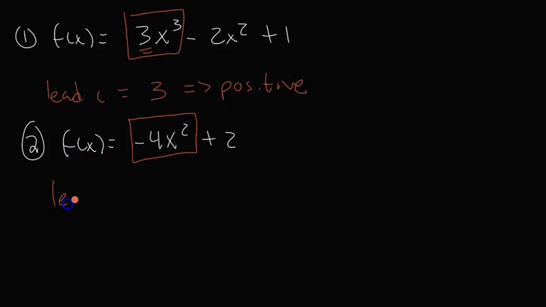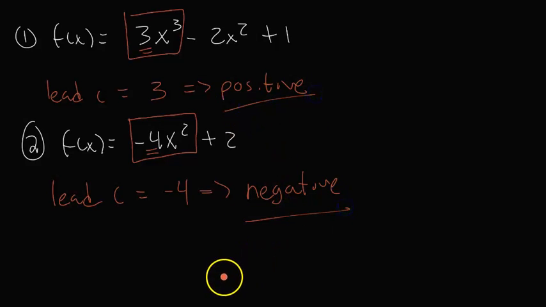Then our leading coefficient is simply the number associated with the variable, which in this case is negative 4. Notice that this negative 4 is a negative number. And this is very important to distinguish, whether it is positive or negative.